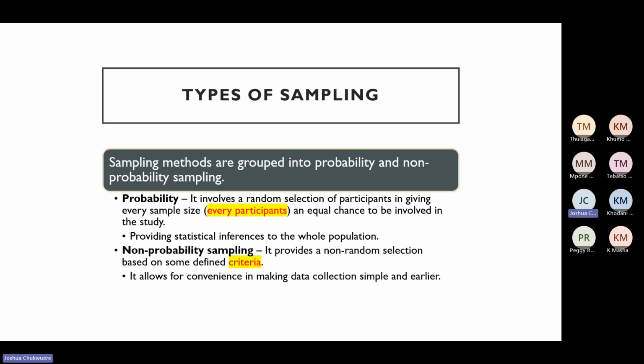There is equal chance of representation in your study. No one will be excluded within the population except one decides to be excluded. It provides statistical references to the whole anticipated population, or estimated population of the study.